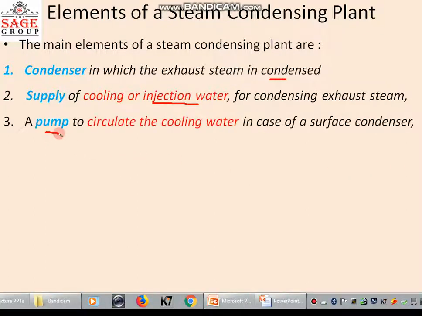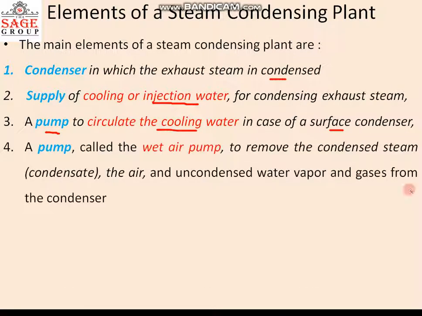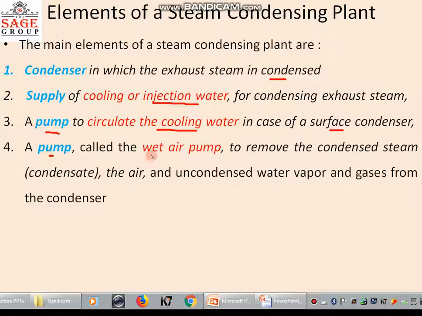Third is a pump to circulate the cooling water in case of a surface condenser. Next, a pump called the wet air pump is used to remove the condensed steam, the air and uncondensed water vapor and gases from the condenser.